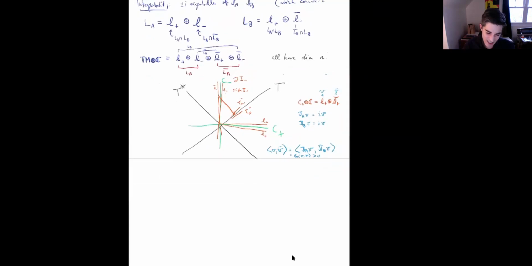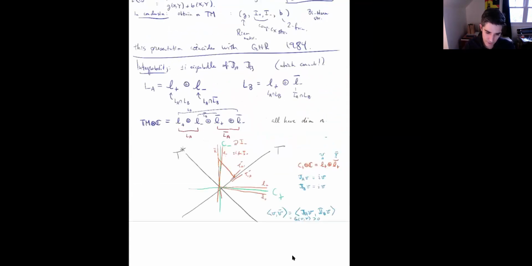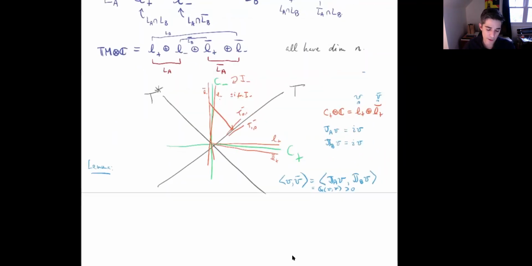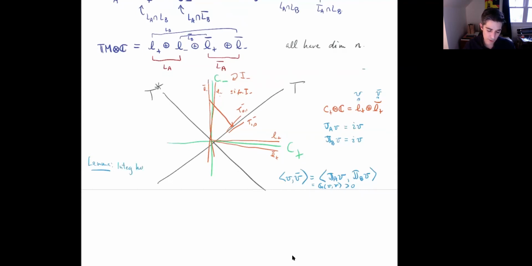Okay, and there's an important lemma which I prove in my paper on generalized Kähler geometry, or if you want, there's a longer proof in the thesis, but there's a short proof in the paper, which is that integrability holds for J_A and J_B if and only if L plus and L minus are involutive.